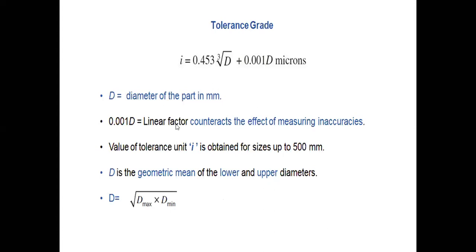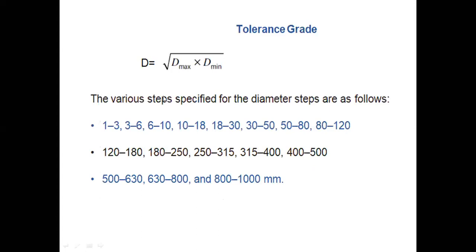For that, see here, suppose in the problem it is given that the basic size is say 25 mm. At that time you have to see these steps, and in which step that 25 mm lies. For example 1 to 3, here 25 is not falling, 3 to 6 no. Like this, 18 to 30, in this range the 25 mm lies.